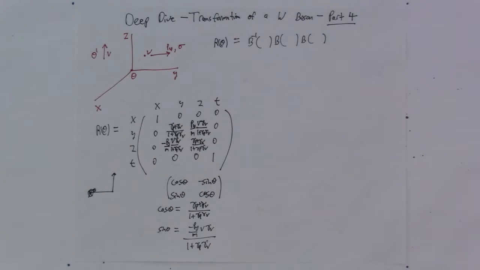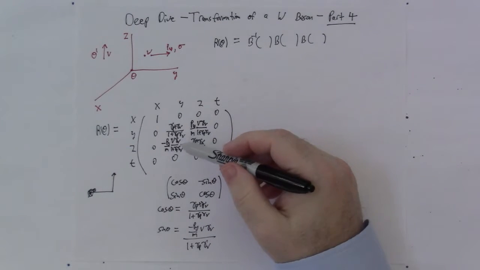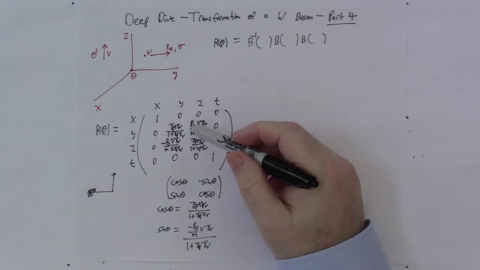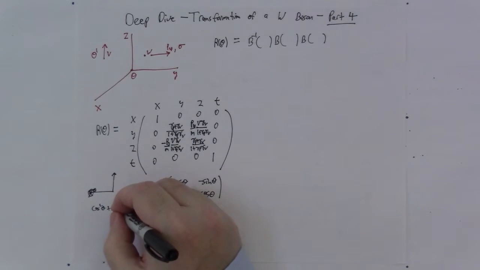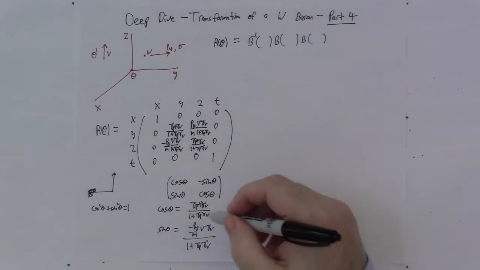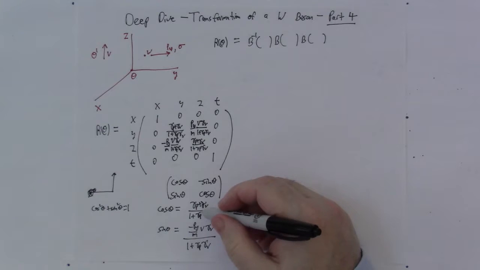Obviously this needs to be an orthogonal matrix to be a rotation matrix, and you should verify that cosine squared theta plus sine squared theta equals 1. I'm not going to do that here, but if you actually go through it, you'll see it works out.